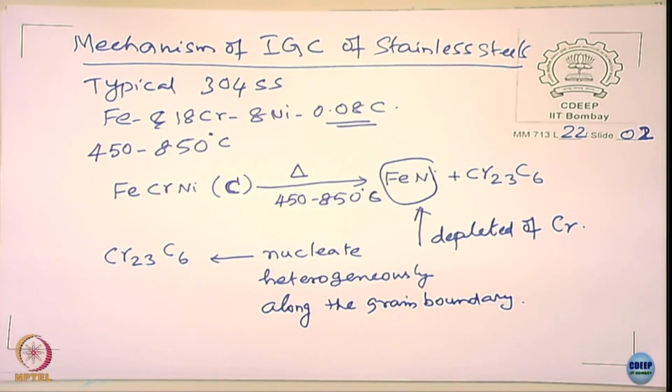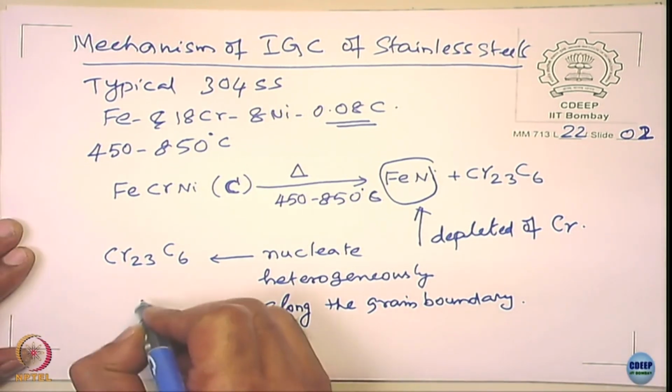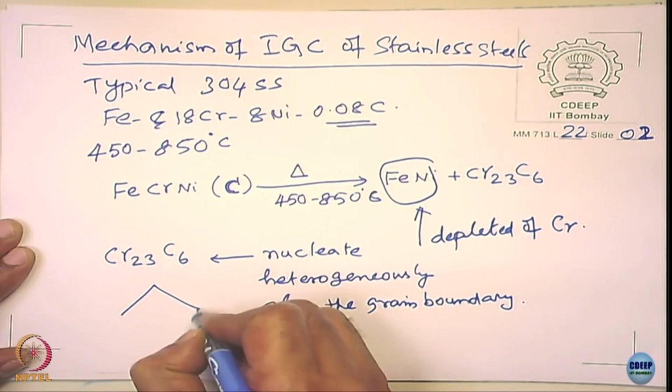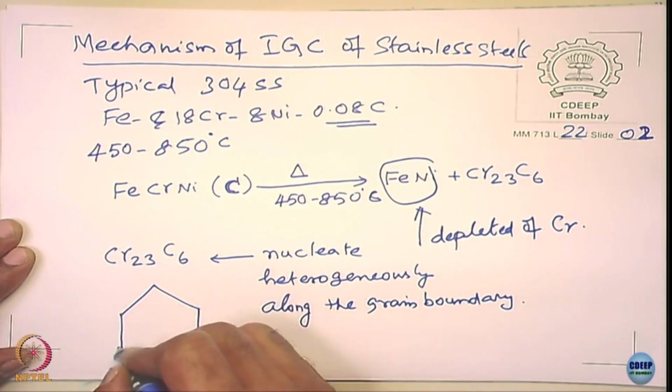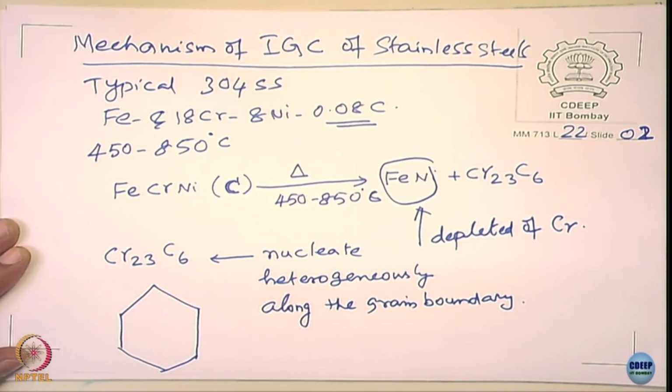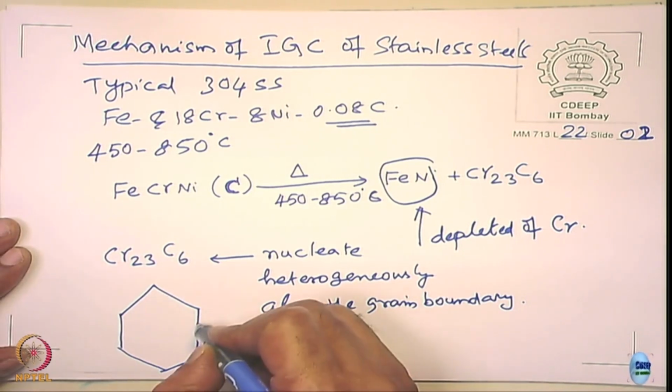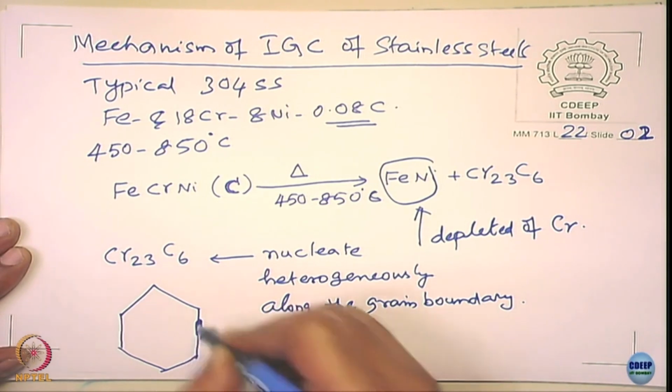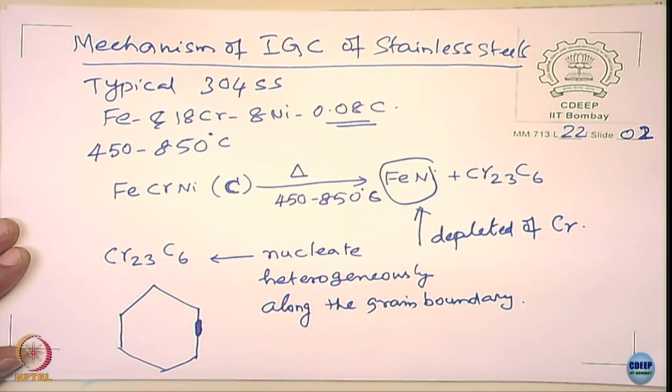Why? The grain boundary gives additional energy to overcome the nucleation barrier, the energy barrier for nucleation. So what it means, suppose I draw a grain here and the chromium carbides are formed over here preferentially, right.